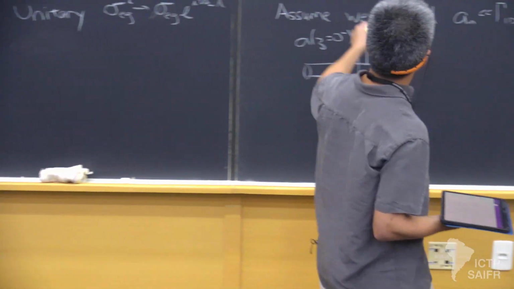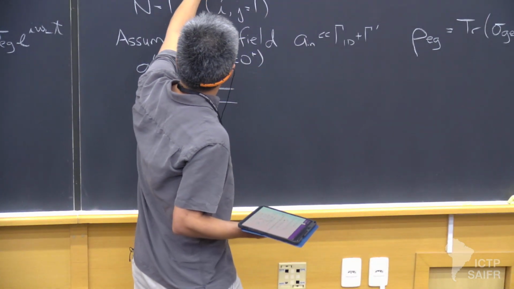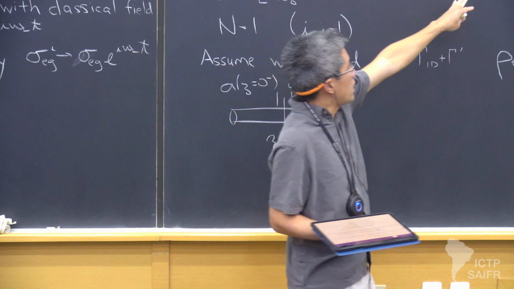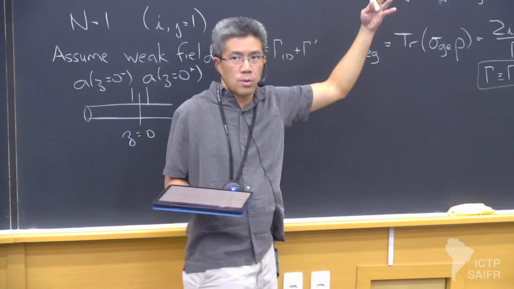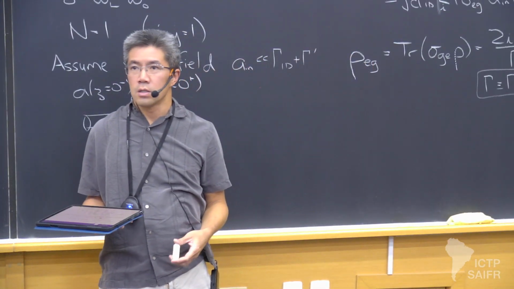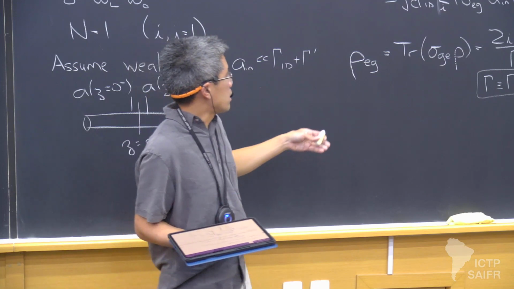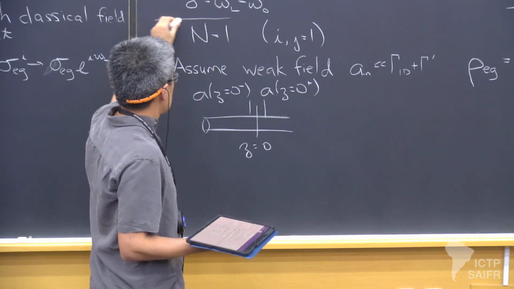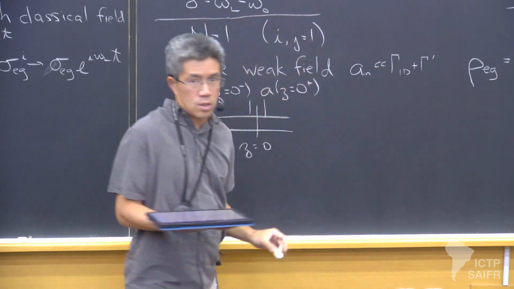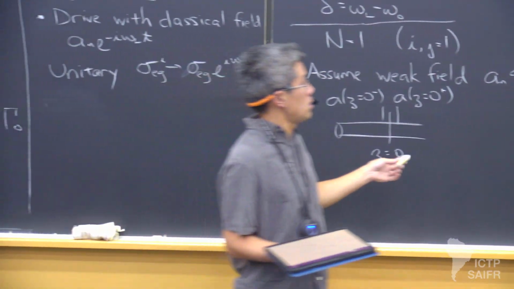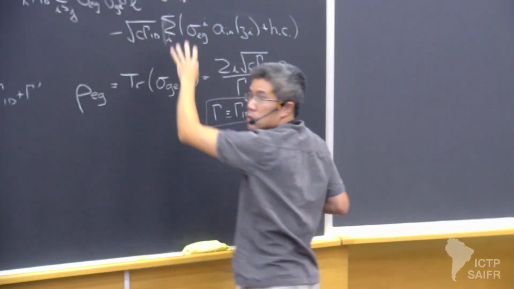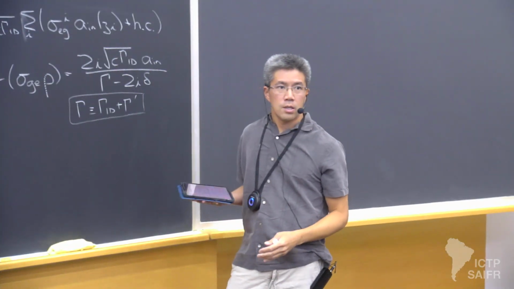The notation is that this equation here is still completely general. So I can have any number of atoms, and i and j can go from 1 to n. And only here am I restricting to just one atom. So in particular, if I only have one atom, then this term disappears completely.